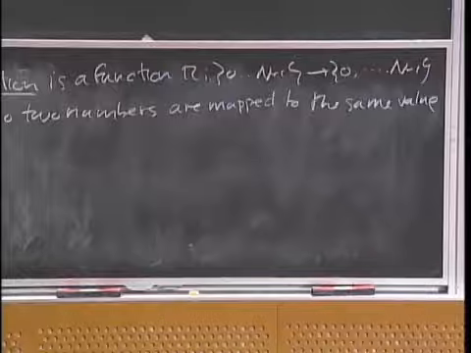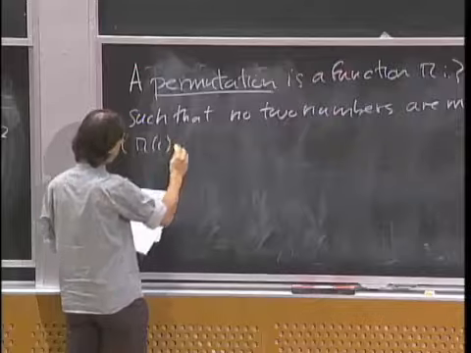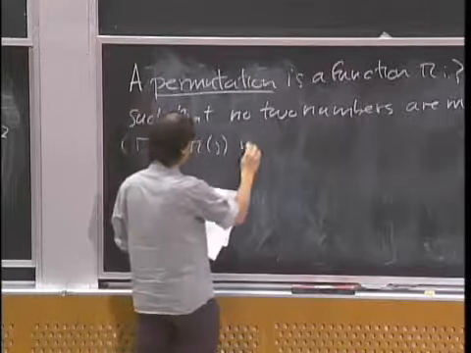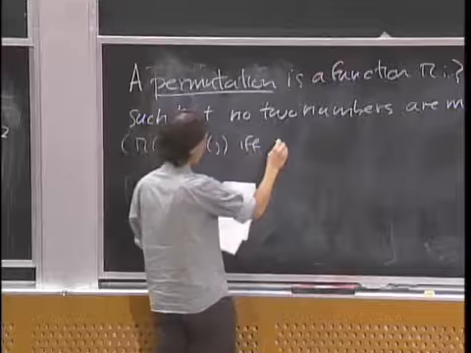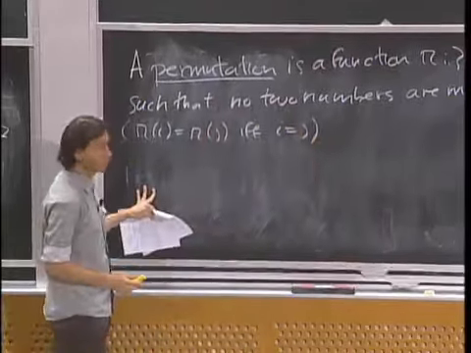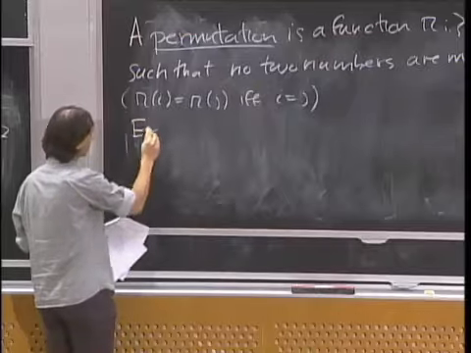So what we really want, to put it in mathematics, is that pi of i is equal to pi of j if and only if i is equal to j. So let's have an example to plug into that picture over there.